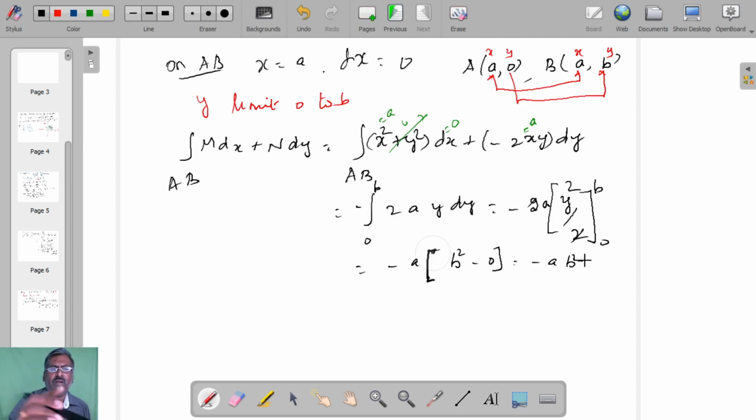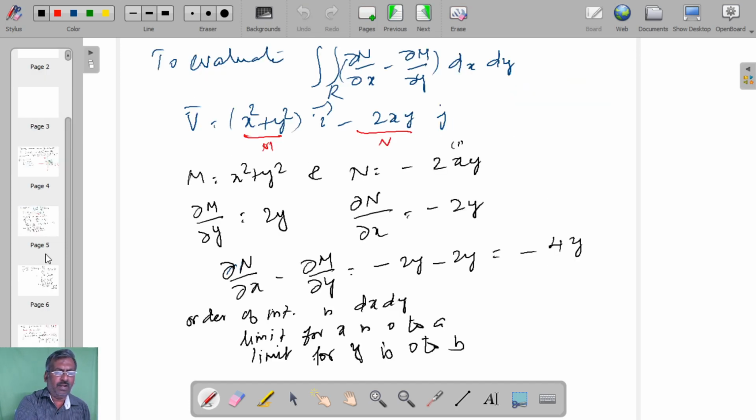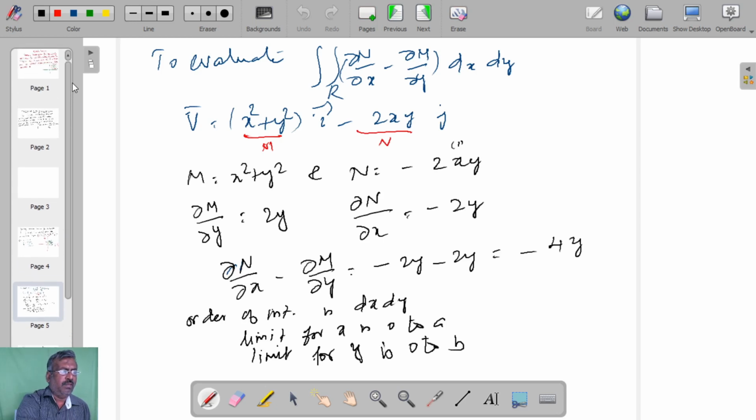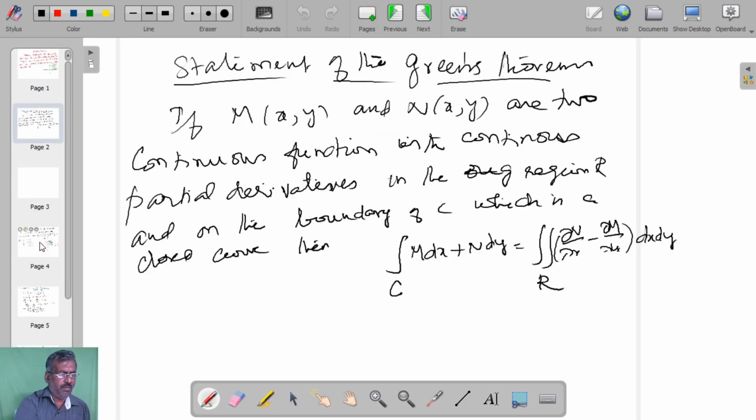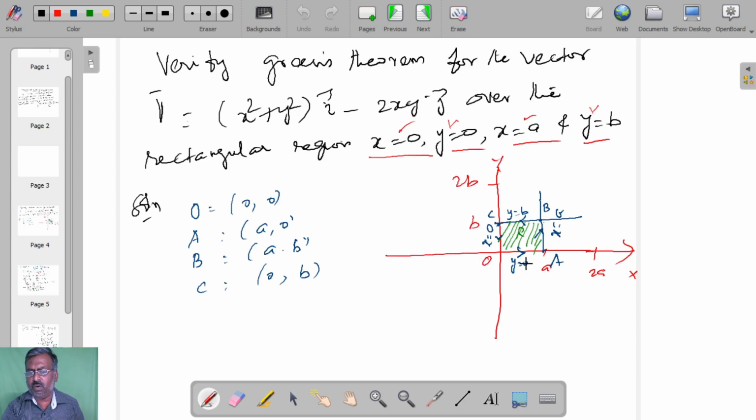Now we are going to take the third line. First we found it for OA, next for AB, then we are going to find it for BC. The equation of BC is y equal to b.